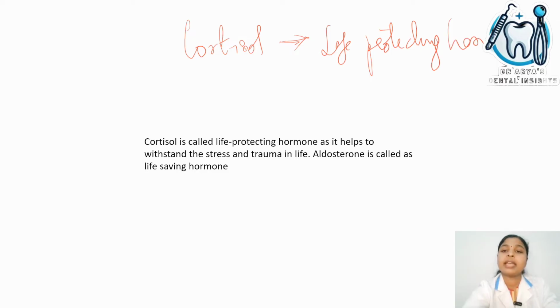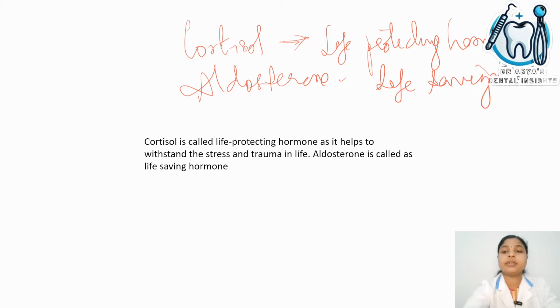Okay, and aldosterone is referred to as the life saving hormone. So, two questions are there: life saving hormone and life protecting hormone. There is a mnemonic: C for C, cortisol for life protecting hormone, and A for A, aldosterone for life saving hormone.